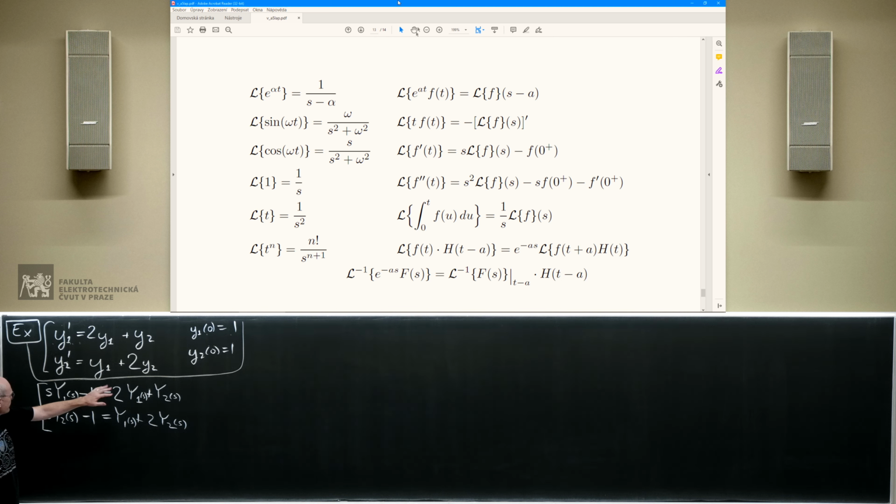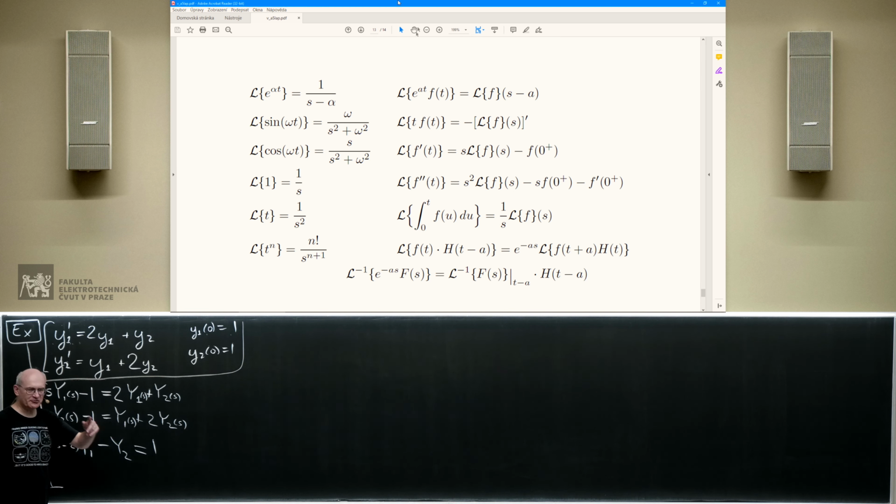Okay, so I'm moving Y1s to the left, Y2s to the left, and I get the following system. Y1 is taken how many times? s minus 2. (s minus 2) Y1. Then there is Y2. I move it to the left. It becomes minus Y2. Then there is minus 1 left over, so I put it on the right.